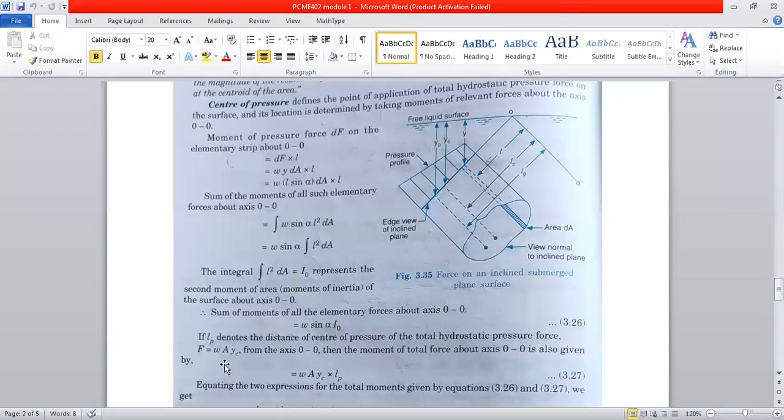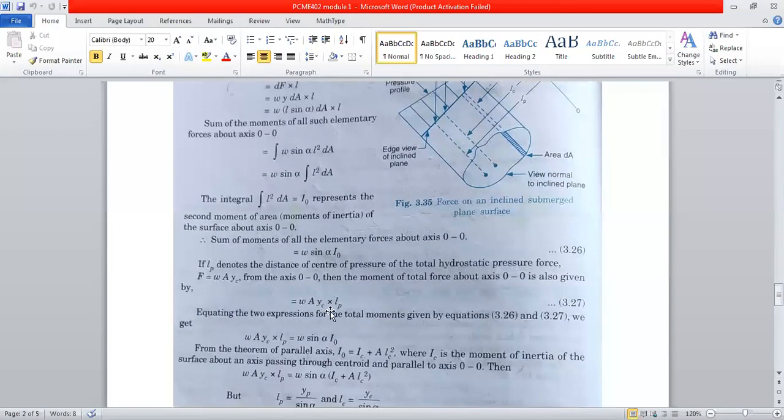The force is WAYC. Then about the O-O axis, the moment should be WAYC into LP. So WAYC into LP equals W sin alpha I0.